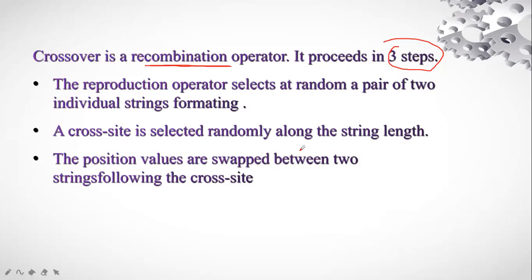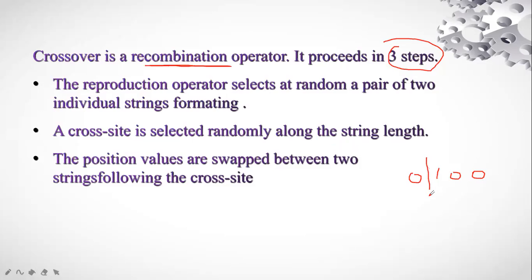Now, we have a chromosome length, an individual string, and let's say we have 0, 1, 0, 0. This is the string we have. This is one individual chromosome. First of all, I am going to select any specific site. Let's say I have selected this site, right?